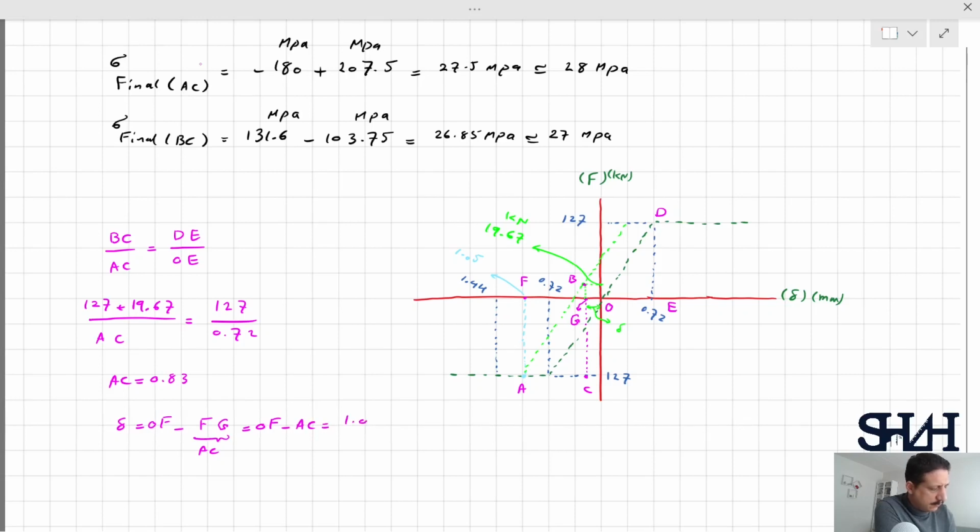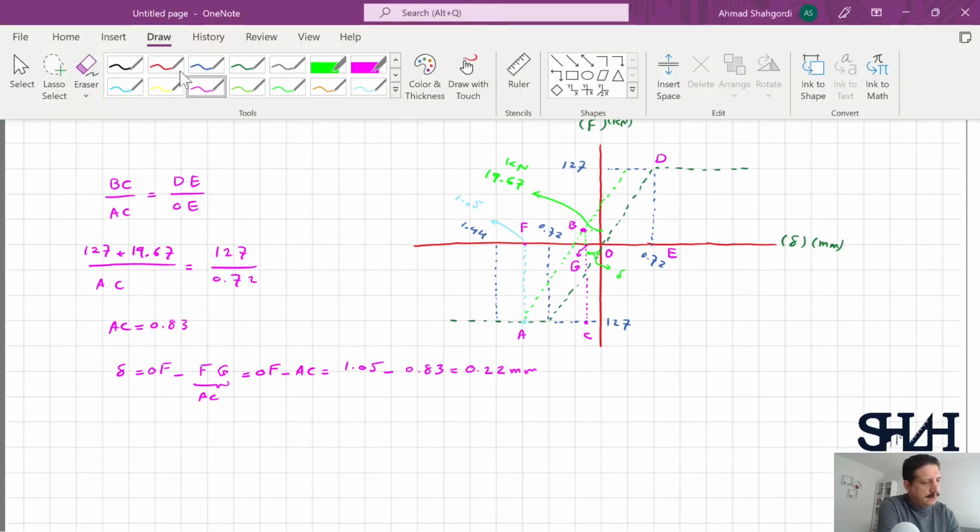OF is 1.05 millimeter minus, we calculated AC and it was 0.83 millimeter. 105 minus 83 will be 0.22 millimeter. And here is the final position. We can just sketch the situation.